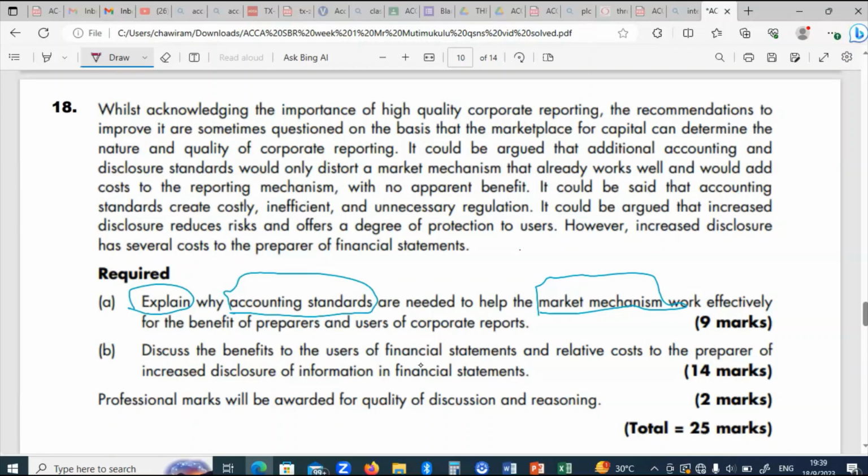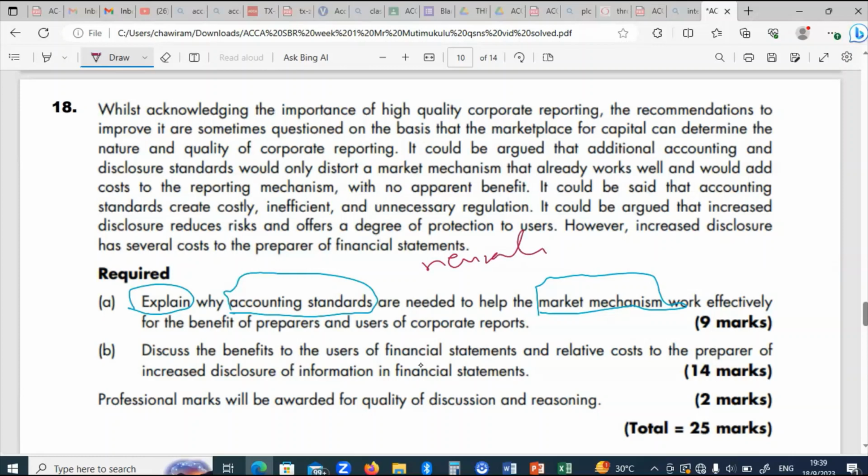Okay, because by the end of the day, the idea of having global accounting standards or regional accounting standards is to ensure that the financial reporting is well regulated and is conducive for comparability of information, verifiability of information, something like neutrality. Okay, by the end of the day, we expect that high quality accounting standards would enable neutrality of information.